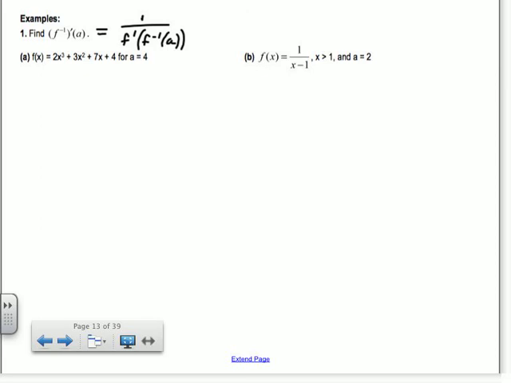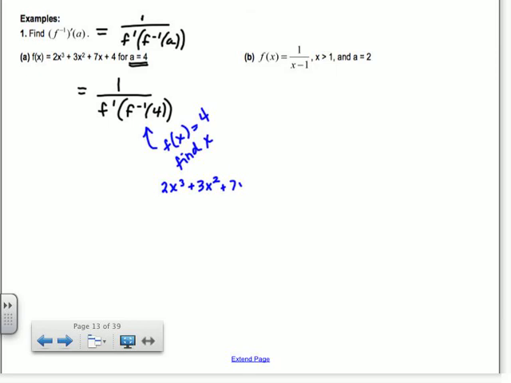Okay, a is 4. So that means if I'm finding this, I need 1 over f prime of f inverse of 4. So when you see f inverse of 4, that's saying f of something equals 4. You're finding x. So we have a big long equation. We have 2x cubed plus 3x squared plus 7x plus 4 equals 4, right? F of x equals 4.